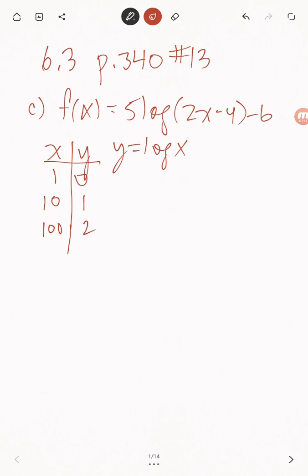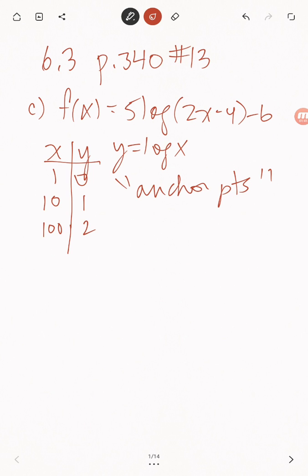We can't go to the negative side because we saw that log is undefined at x equals 0 and negative values, and then it jumps up by a power of 10, so we don't really want to go up to 1,000. That's not very practical for putting on a graph. So 1, 0, 10, 1, 100, 2, those will be our anchor points for y equals log x.